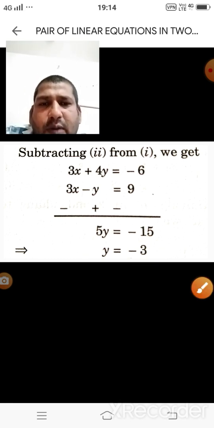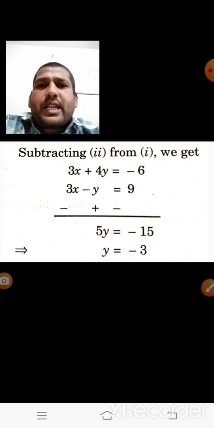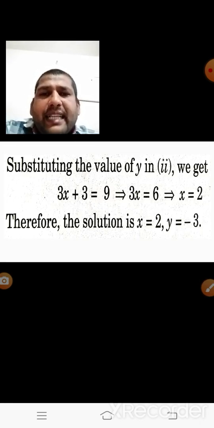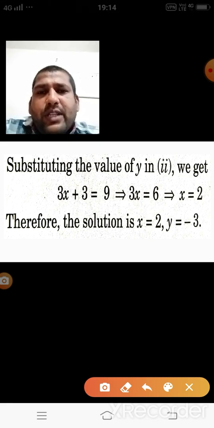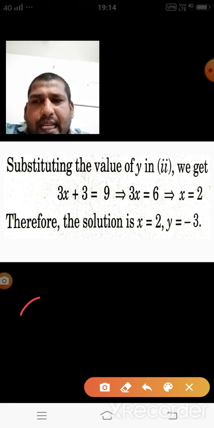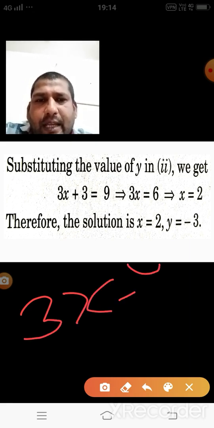Once we have the value of y, we put it in any one of these two equations to get the value of x. Here we substitute the value of y in the second equation, 3x minus y equal to 9.